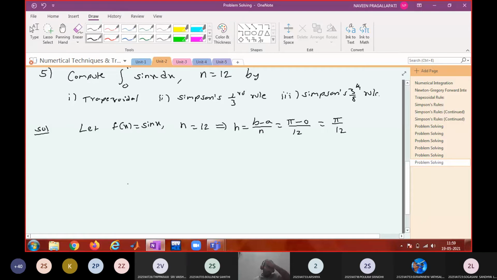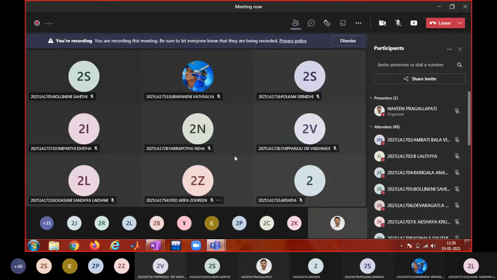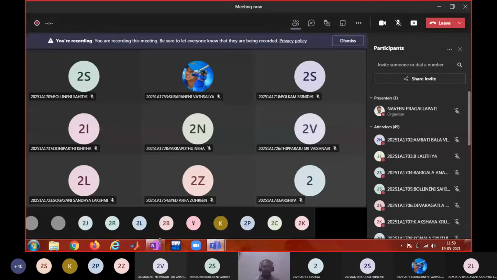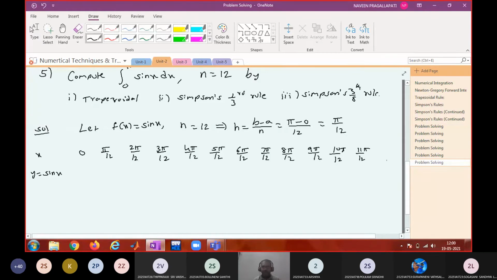So you write down the x value, y value. The values are 0, pi by 12, 2 pi by 12, 3 pi by 12, 4 pi by 12, 5 pi by 12, 6 pi by 12, 7 pi by 12, 8 pi by 12, 9 pi by 12, 10 pi by 12, 11 pi by 12, 12 pi by 12.